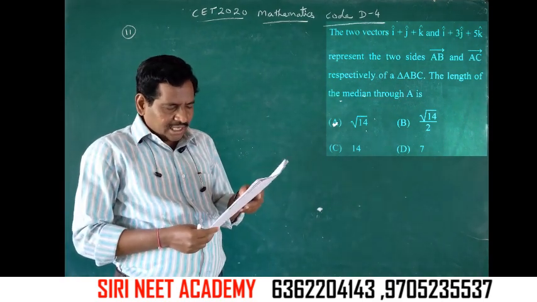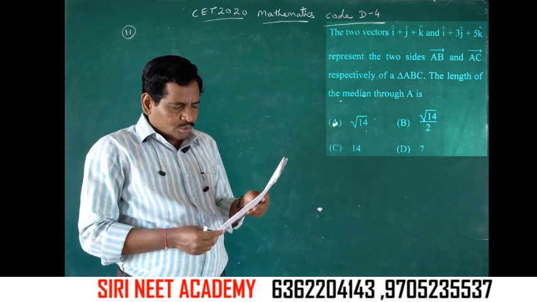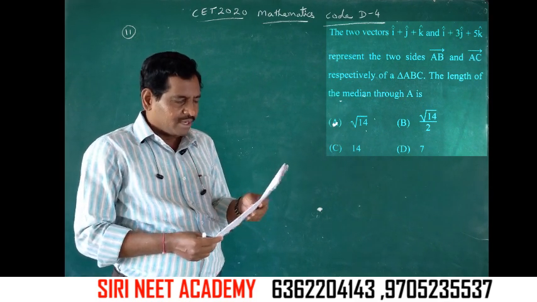Now question number 11. The two vectors i plus j plus k and i plus 3j plus 5k represent the two sides AB bar and AC bar.